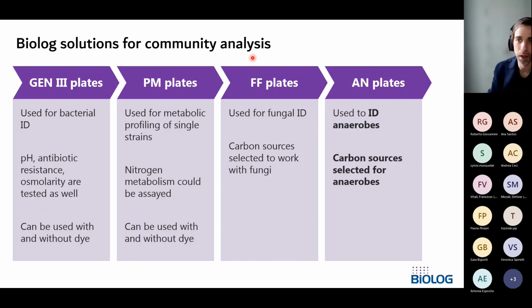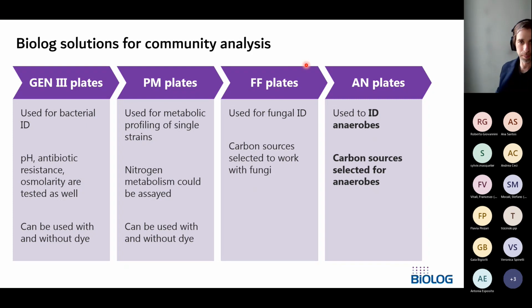So EcoPlate was one of the solutions developed by BIOLOG. But again, scientists decided that other plates could be interesting as well, not only the EcoPlate, and you now find a lot of publications where even the Gen 3 plates and the PM plates were used, particularly by scientists interested in the metabolism of a certain community on nitrogen. FF plates, I didn't mention them.